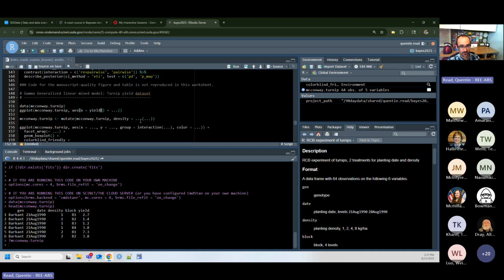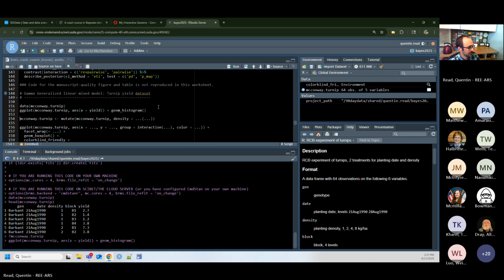That's the only variable. A histogram is a univariate plot, so yield is the only variable we need to enter. And geom_histogram is telling ggplot to make a histogram of the frequency of the different yield values. Then I'll hit Control Enter to run that line.